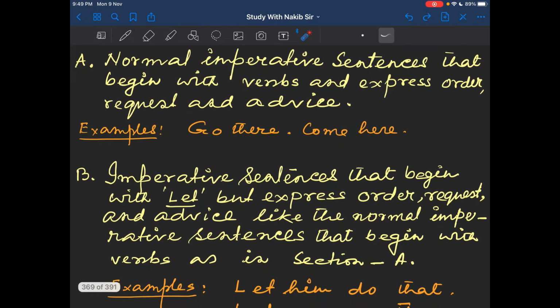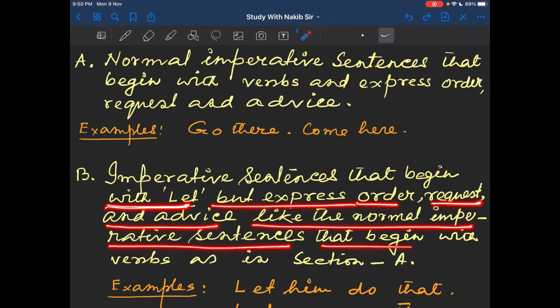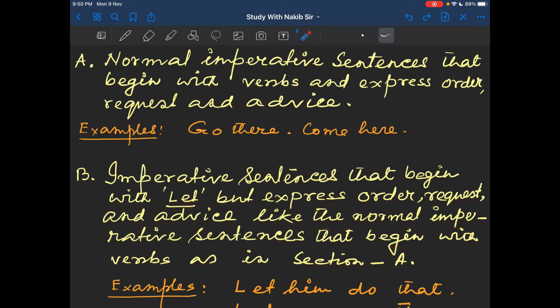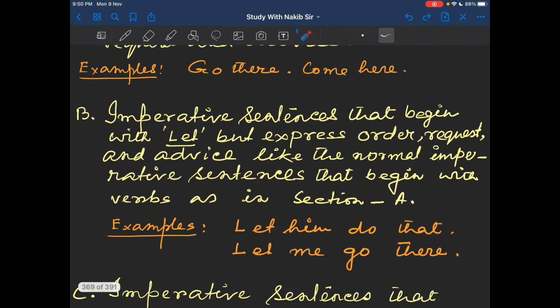Now section B. This section will deal with the imperative sentences that begin with let but express order, request and advice like the normal imperative sentences that begin with verbs as in section A. See the example, then it will be clear.